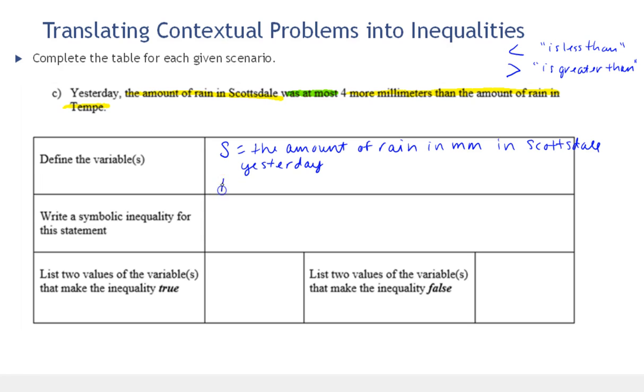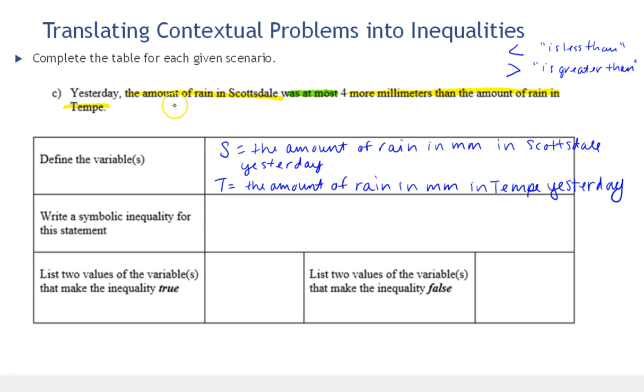Our variable capital T for Tempe is going to be identical, except we'll replace Scottsdale with Tempe. So the amount of rain in millimeters in Tempe yesterday. Okay, so now we want to write a symbolic inequality for this statement.